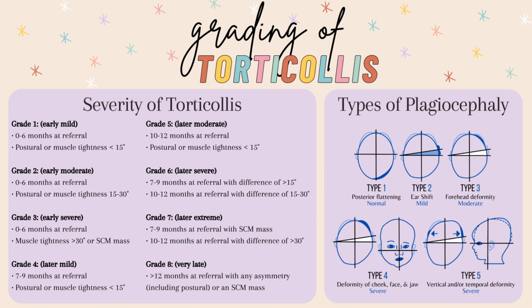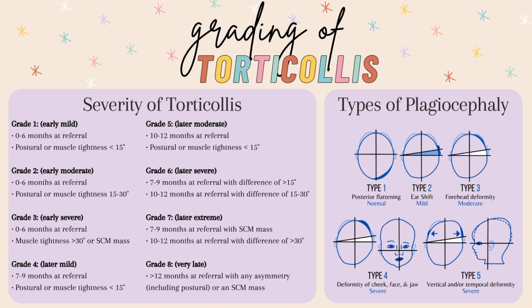You can also look at the severity of torticollis, and this is based on how large their restriction is between sides and also their age at referral. I'm not going to read all these out, you can study these on your own, but a grade 1, which is early mild, is 0 to 6 months at referral with postural or muscle tightness less than 15 degrees.